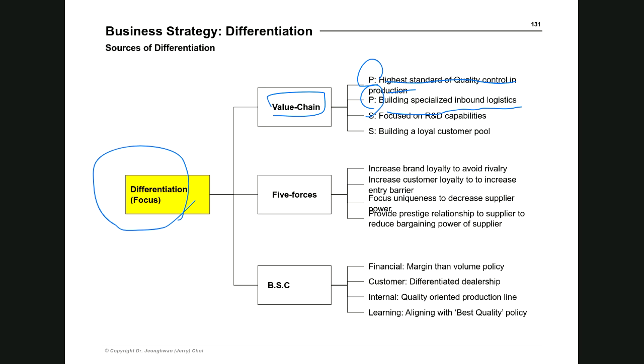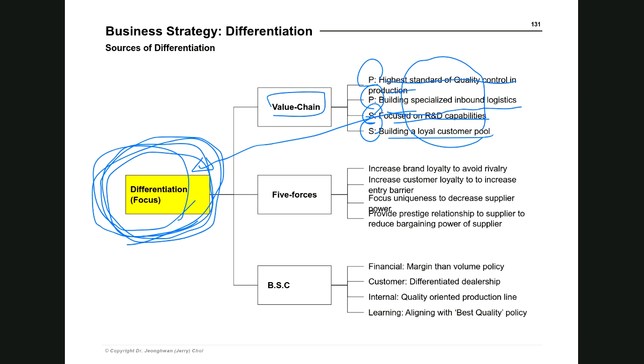And then the supportive functions, focusing on R&D capability, and building a loyal customer pool. Absolutely, this tool can show us how to apply and formulate the differentiated user experience competitive advantage.